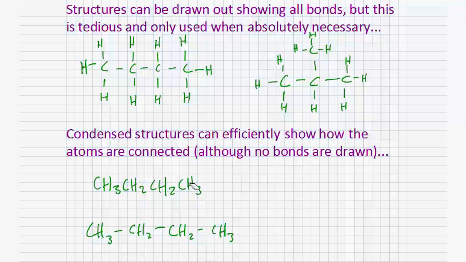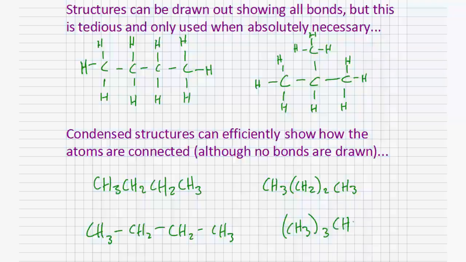We can combine adjacent groups. So CH3, CH2 in parentheses 2, CH3. Or you can combine identical groups that are attached to a common atom. That's common too. So the way I could draw a very simple condensed structure for the isomer of butane, isobutane up there, because there are 3 CH3 groups attached to that central carbon, I could say CH3 in parentheses 3, CH.